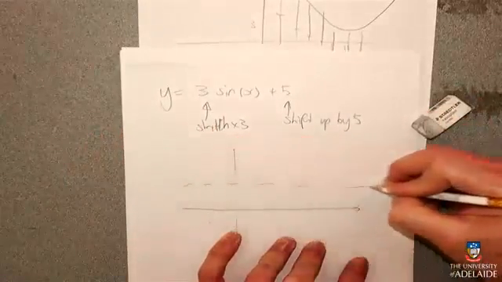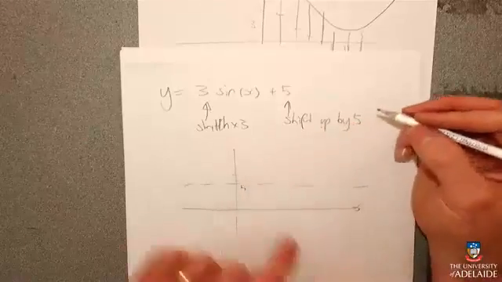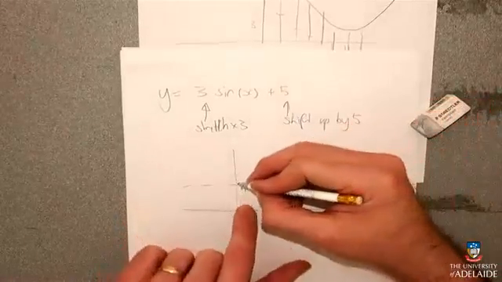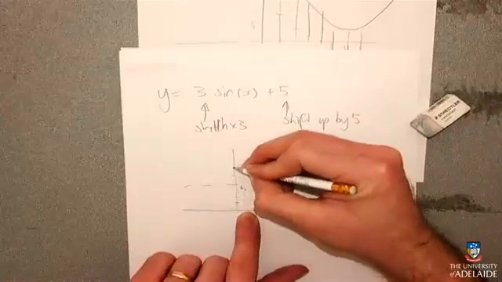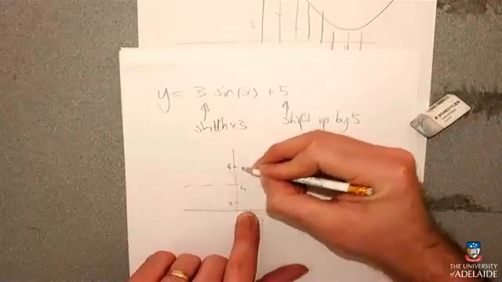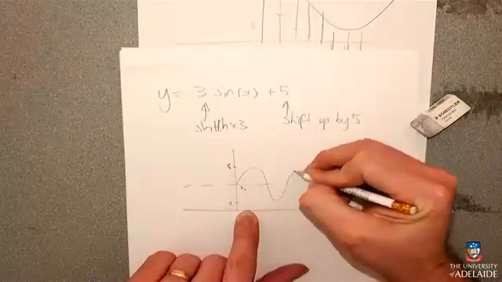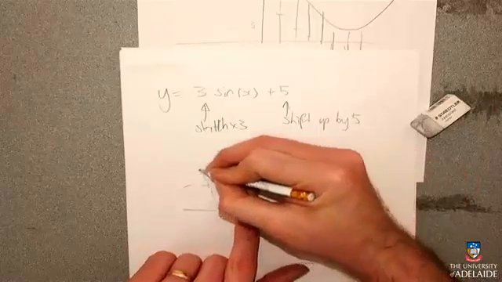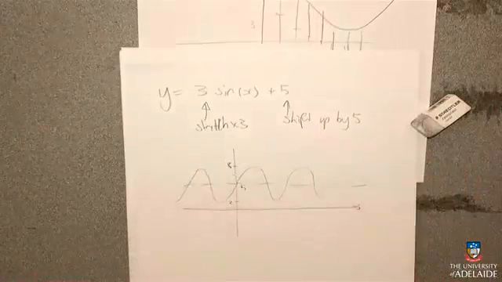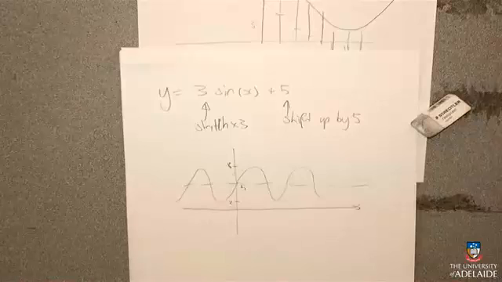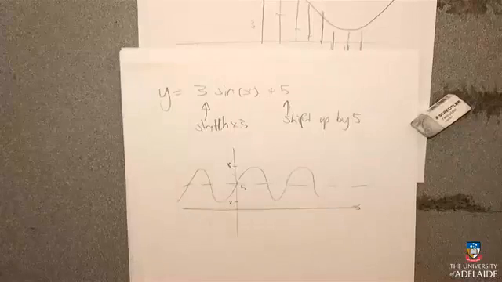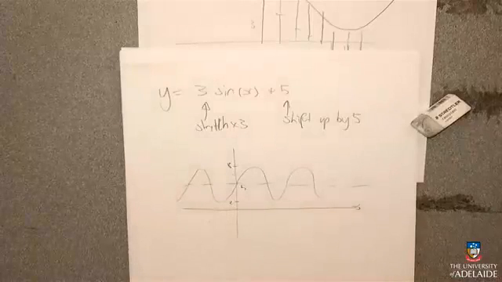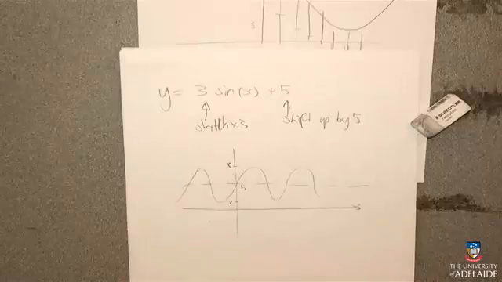There's 5. So I shifted the centre up by 5 and stretched it out by 3. Very bad graph, but that's the idea behind it. Okay, so that's thinking about what happens to your graph when you take the answer you've got and you do operations to it after you've calculated it. Sweet.